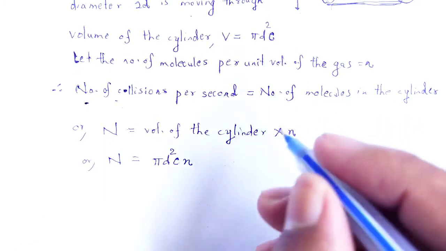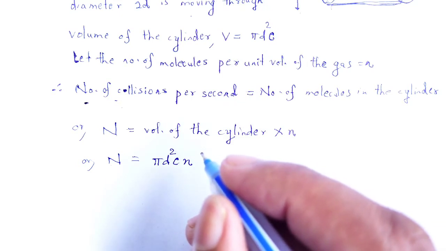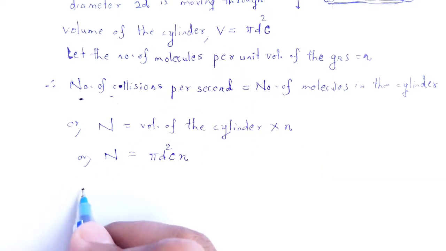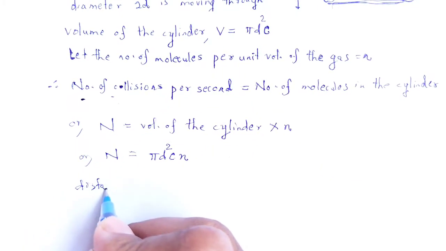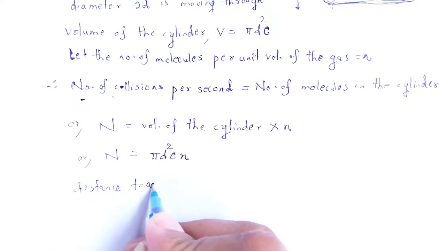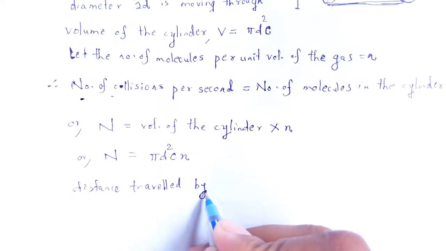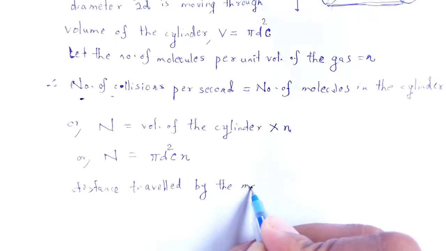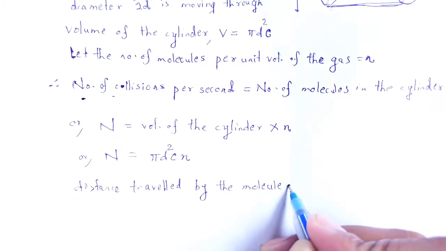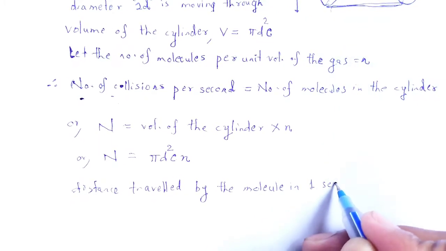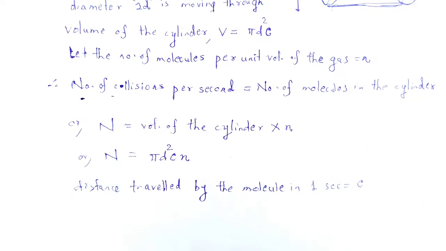Now the distance travelled by the molecule in 1 second is small c.